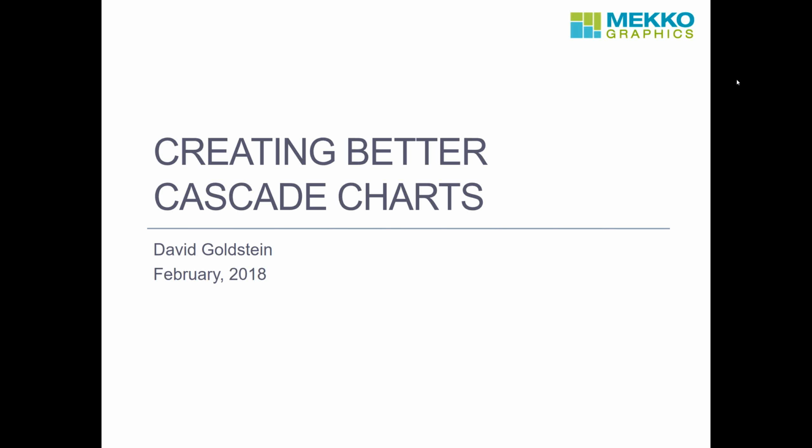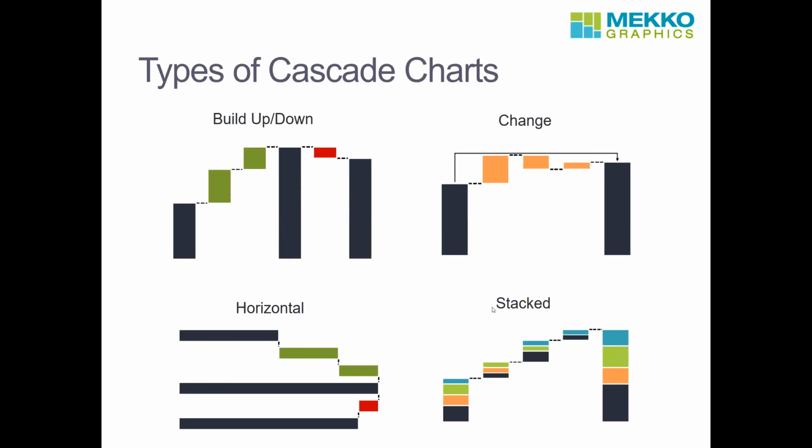Let me just talk briefly about the different types of Cascades. We'll talk a little bit about build-up and build-down Cascade charts, which are charts that show how your whole profits or revenue are broken down into categories.